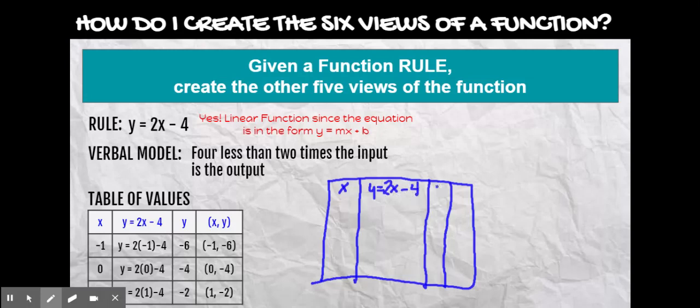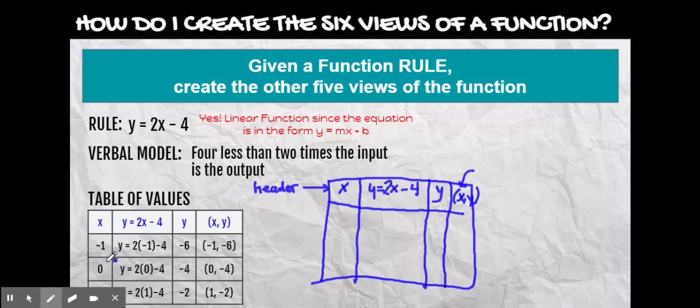The third column are your y values, and that last column is stating your ordered pair next to each other. Given this x, out comes this y. We always start our table of values with a header row, and that's what this is called. It gives us understanding of what's represented in each of those columns.